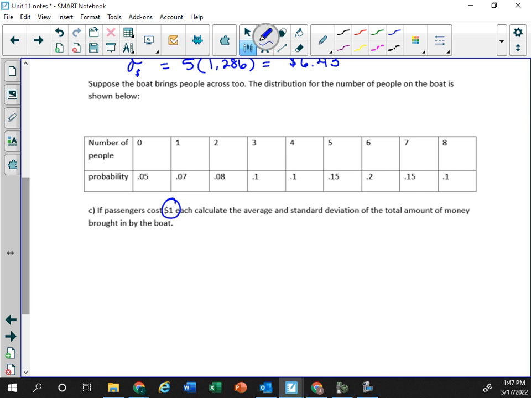We're talking about how much money we're getting just from the people here. So I want mu of money for people and sigma of money for people. You'd think you have to do two steps in one there. Well, not really, because it's $1, so there's really no multiplying to do.